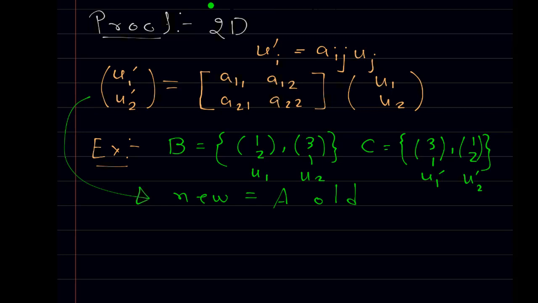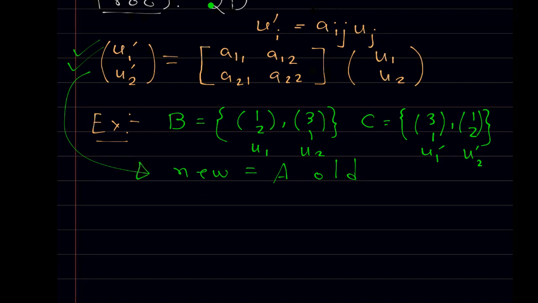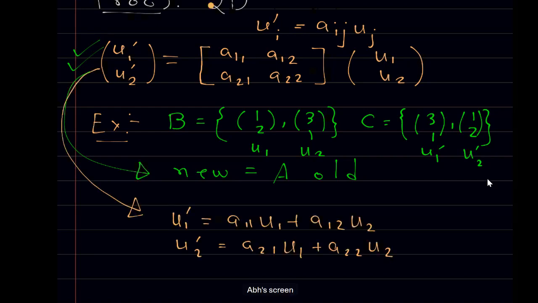And now we need to calculate what the matrix A is. So how do we do the calculation? If I write this matrix in a simple way, then you can see that u1 prime equals a11 u1 plus a12 u2, and u2 prime equals a21 u1 plus a22 u2. Okay, now we need to find the coefficients of the transformation matrix, that is, we need to find a11, a12, a21, a22.